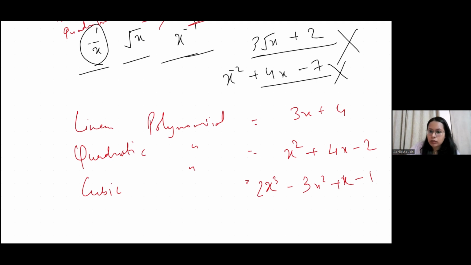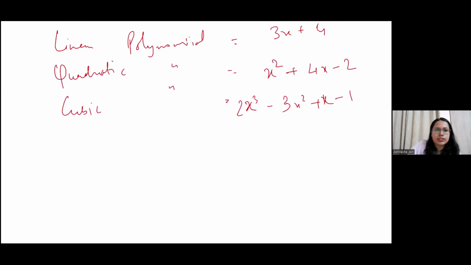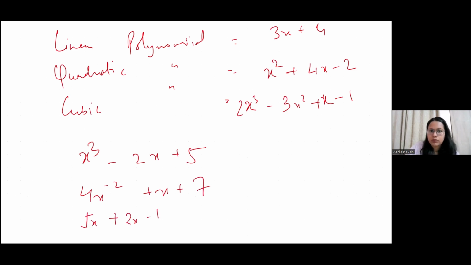And what are not polynomials again? Let's just quickly do some examples. I'm giving you some examples. Tell me which is polynomial and which is not polynomial. Is this polynomial?